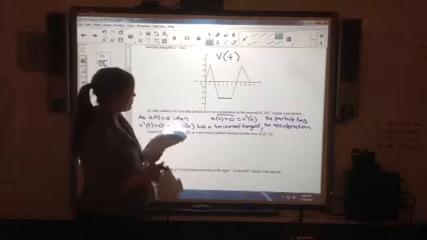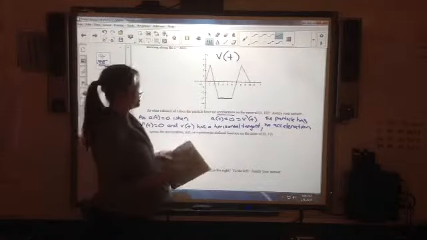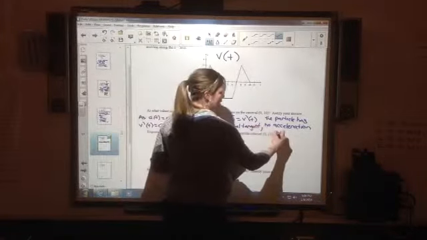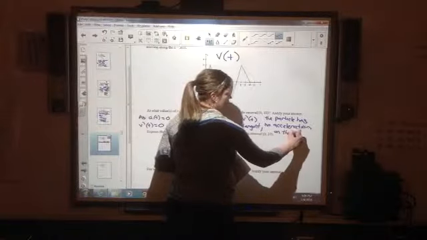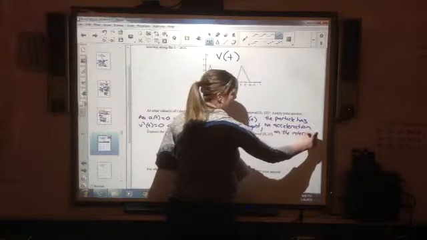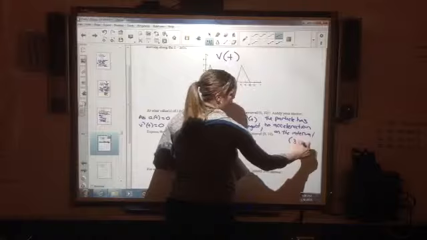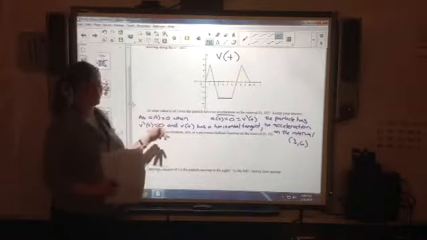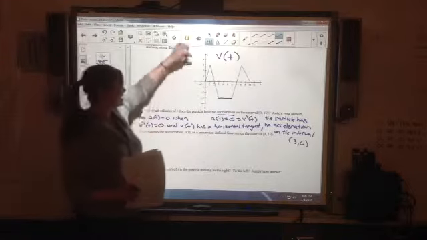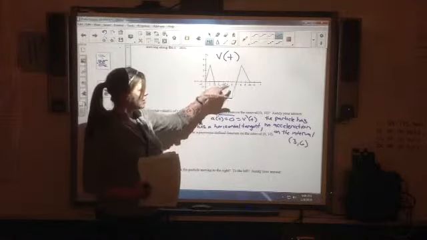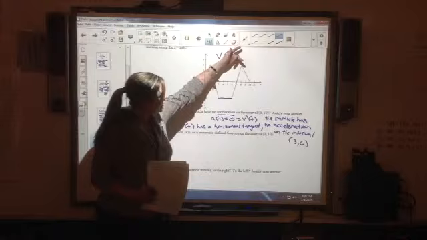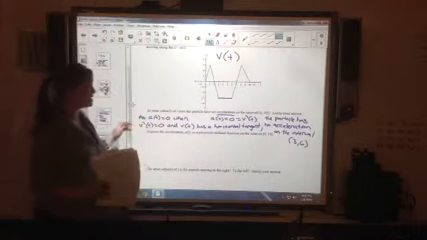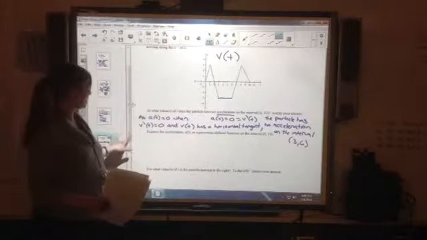It's going to be from 3 to 6. So on the interval 3 to 6. So again, the derivative or acceleration does not exist at 1, at 3, at 6, and at 8. But it does equal 0 from 3 to 6.